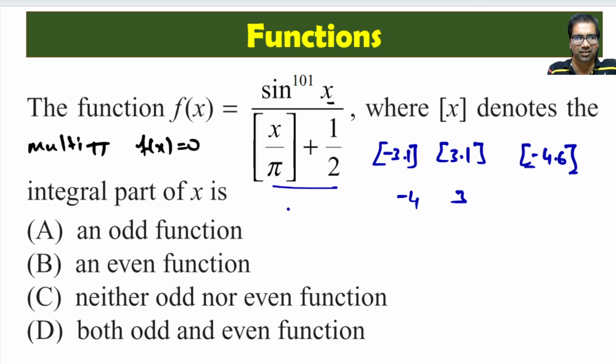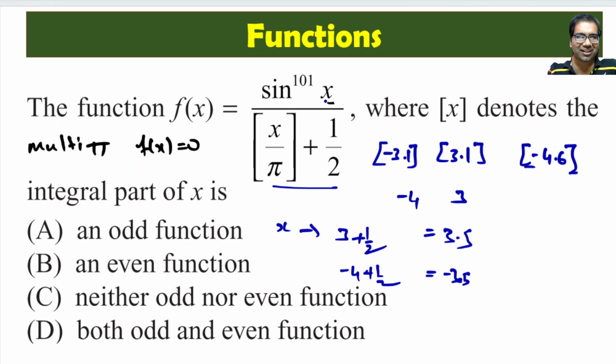That means in the denominator, if we take x as positive, it will become 3 plus half, which is 3.5. If we take x as negative, it becomes minus 4 plus half, which is minus 3.5.